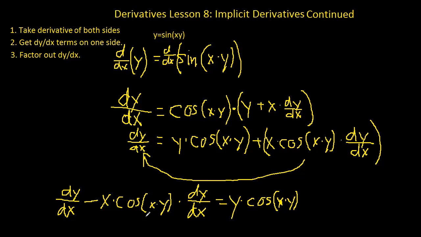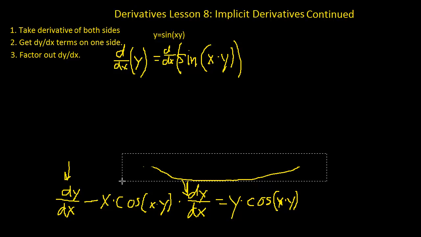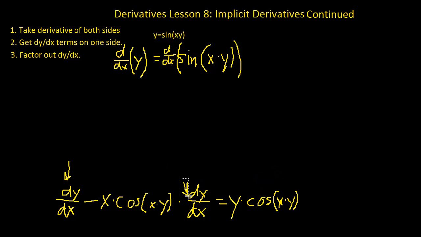We've got the dy by dx terms on one side, so now we factor out dy by dx. So we have one here and one here. And so let's make some room. I'm going to clear out what we have up here and move this up.